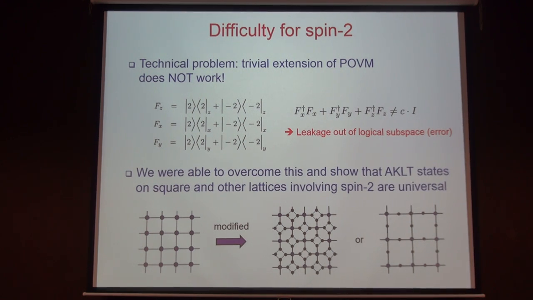We did some simulation and checked that it's also in the supercritical phase. So we were able to show that the spin-2 AKLT state on the square lattice is also universal. The reason we constructed this is that at that time we didn't know how to do this for spin 2, so we just modified the lattice to make it simpler.